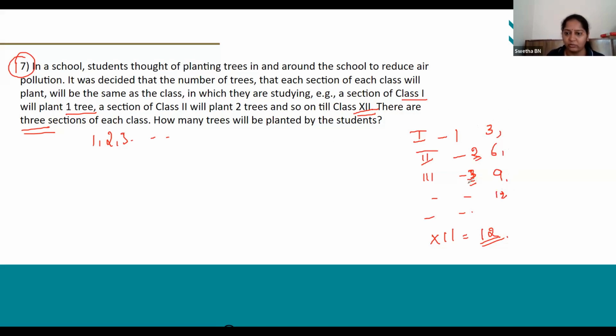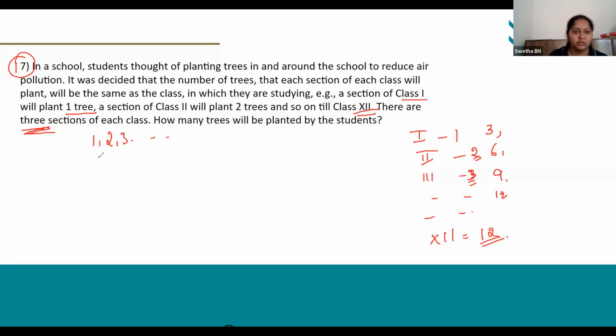If you take 1, 2, 3, 4, the answer should be multiplied by 3 because we have 3 sections in each class. If you take 3, 6, 9, 12, no need to multiply, directly you will get the answer.